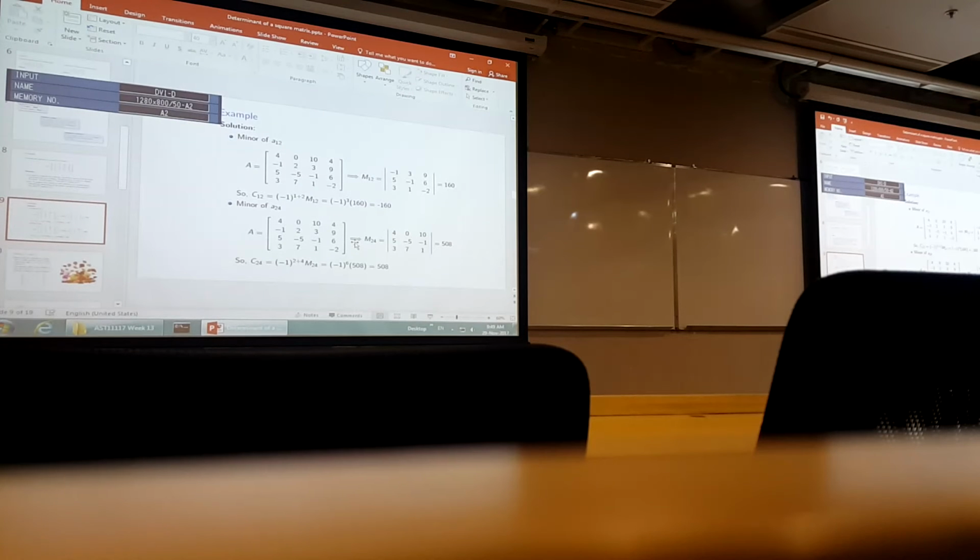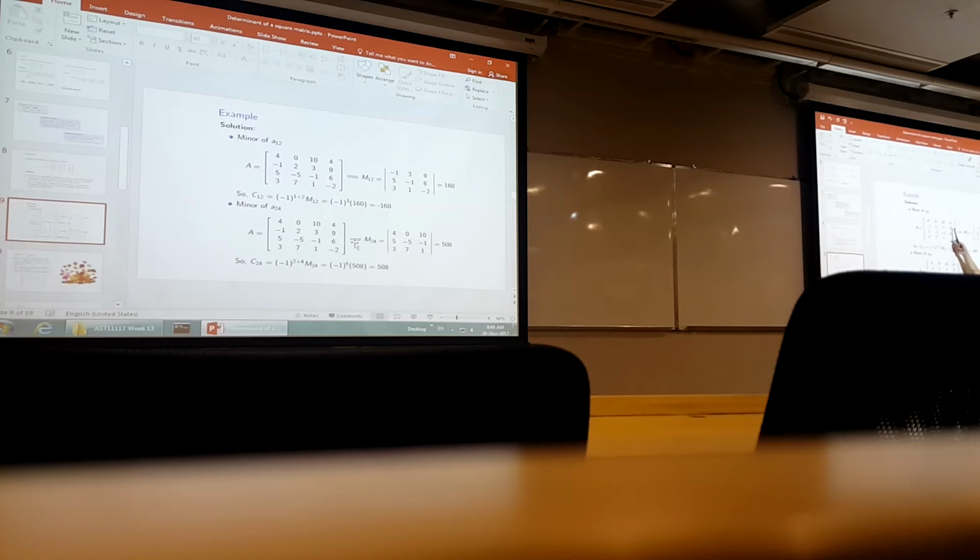We have to rely on this. Okay, this is minor. For every position in a matrix, we can determine the minor of every position. Every position's minor is determined this way.